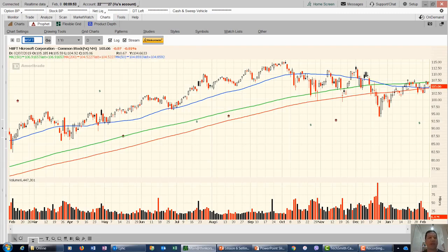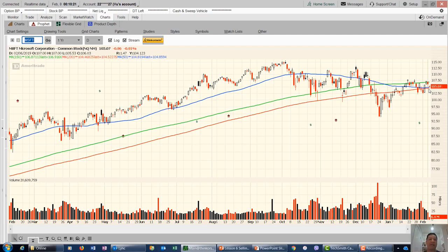Today the stock price is at around 105, and the key support level is also around 105. When you sell a put, you don't have to sell at the money. You sell out of the money, which is a price below the current stock price, at a level that you feel comfortable with.